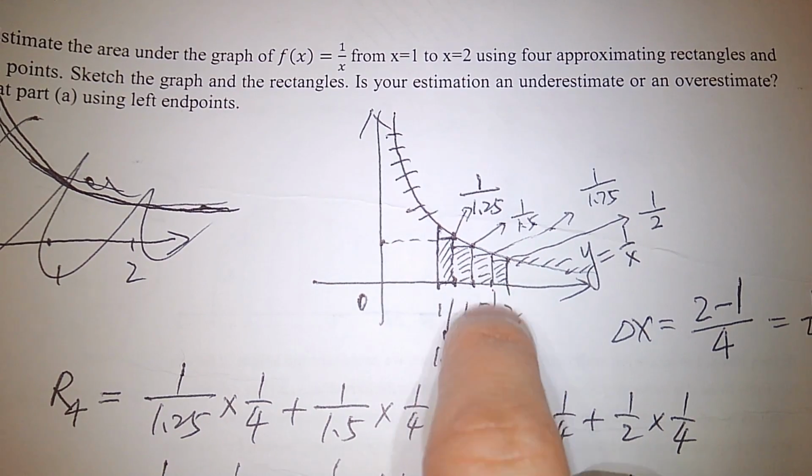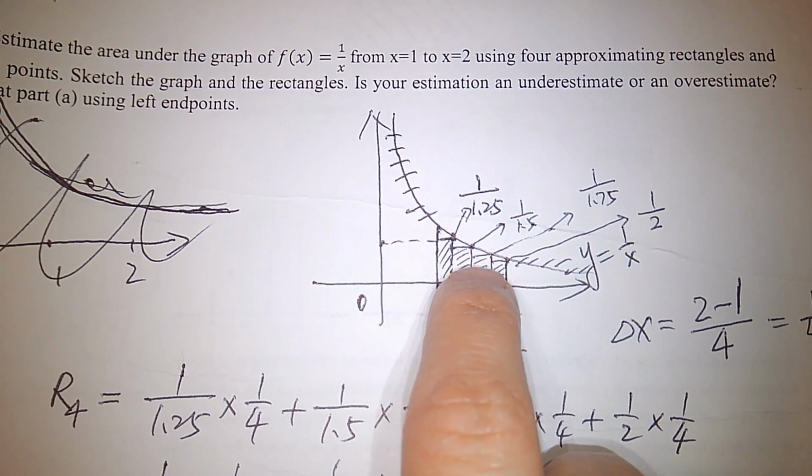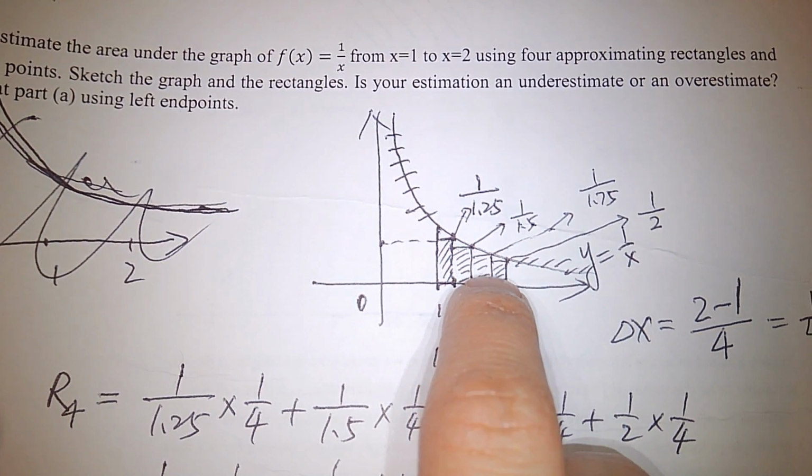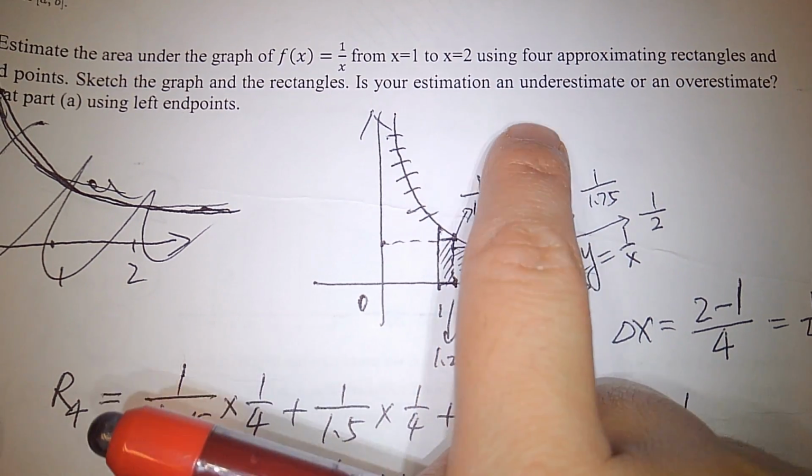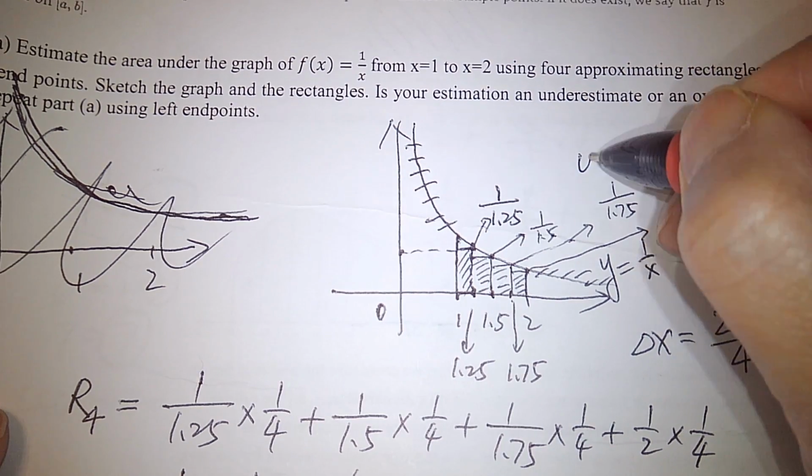Under, right? Because you see, these 4 rectangles are shorter, they're smaller, right? So it's an underestimate for part A.